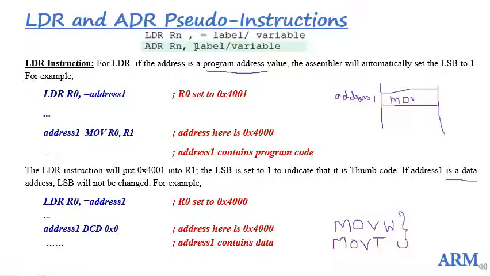In that case, suppose this address is, let me assume, 1000, then the LDR instruction, when it is loading the address into the destination register, is automatically going to set the LSB, that is the least significant bit, to 1. That means to the register it will be moving 1001.